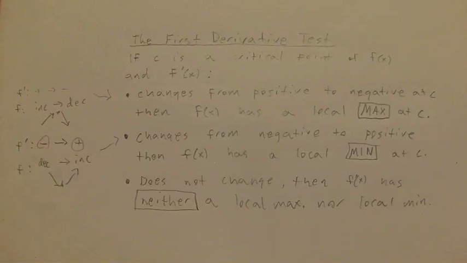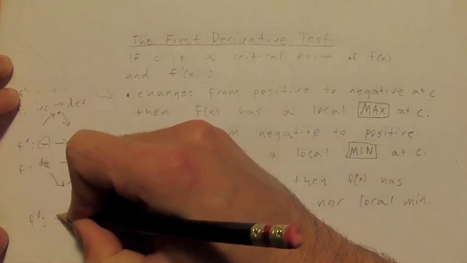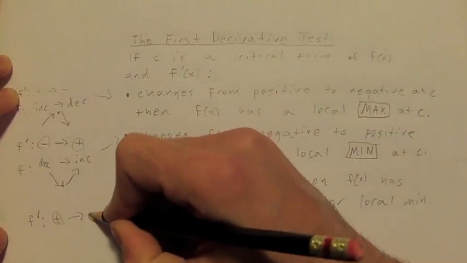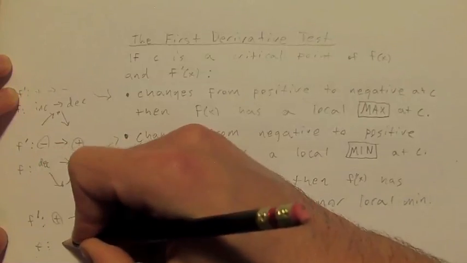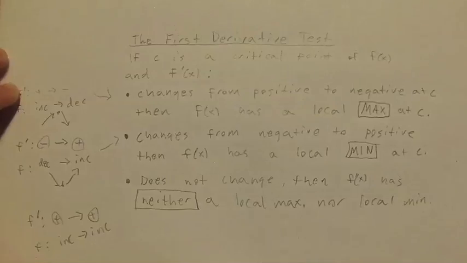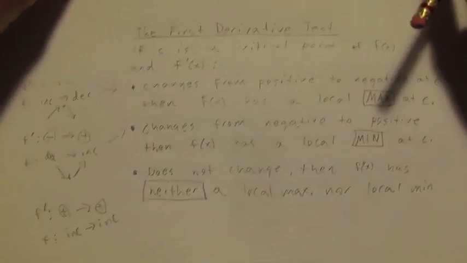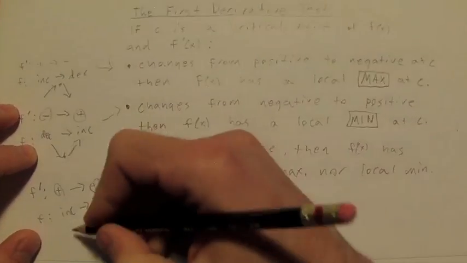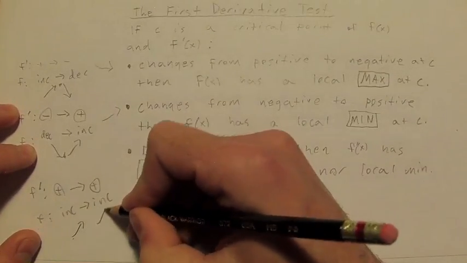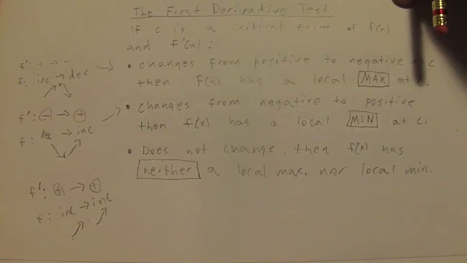But basically that ends up being your leveling off points. And if you think about it, if f prime goes from positive to positive at c, that means f is going from increasing to increasing, right? And what that looks like is rising to rising. Of course, that is definitely not a local max or a local min. Right? It's pretty clear.